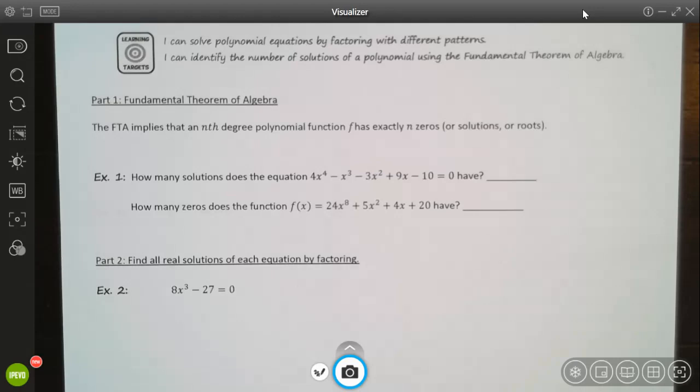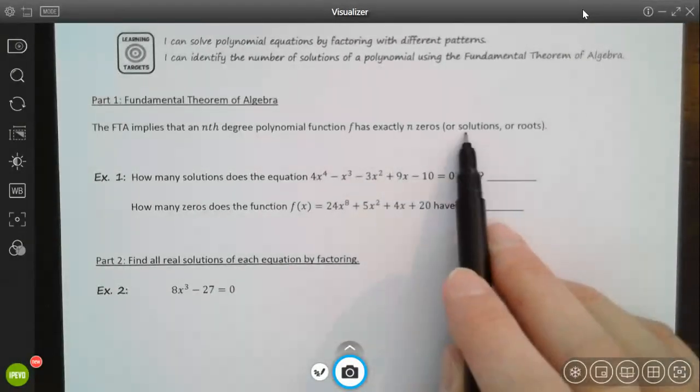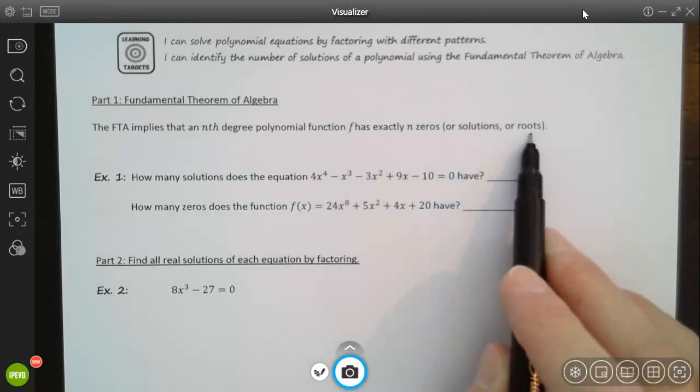So the first thing that we're going to talk about in terms of solving is the fundamental theorem of algebra. And what the fundamental theorem says is that an nth degree polynomial function has exactly n zeros. And remember that zeros means the same thing as solutions or roots.